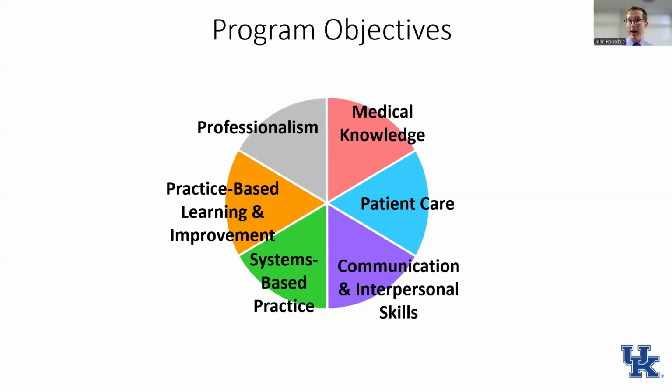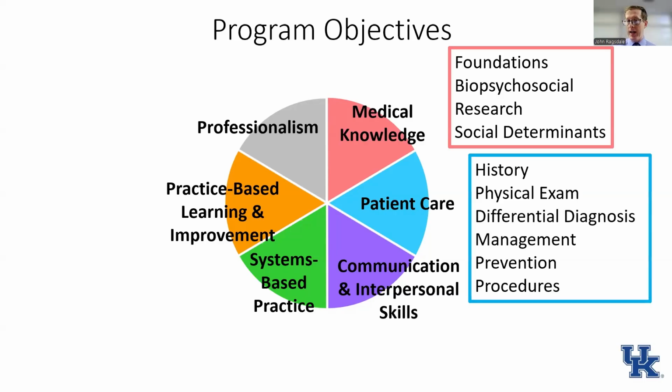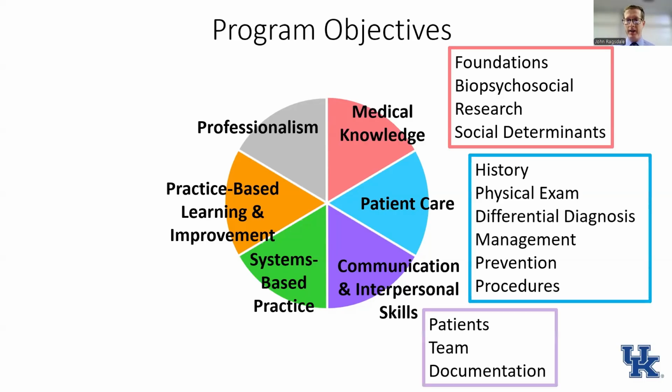So starting with that highest level of our program objectives, our objectives for the entire curriculum, our program objectives are organized into 6 big buckets. So we have medical knowledge with 4 different program objectives that fall within that bucket. Patient care, we have 6 different program objectives.